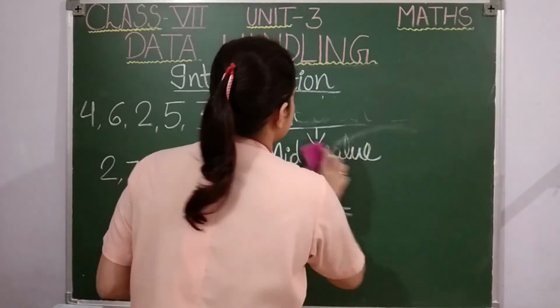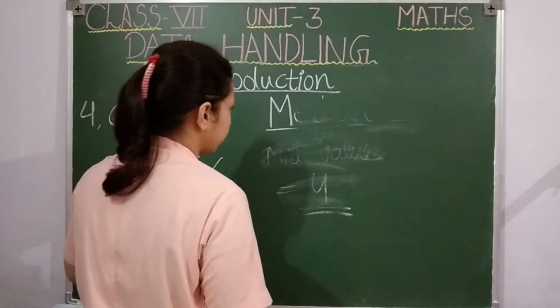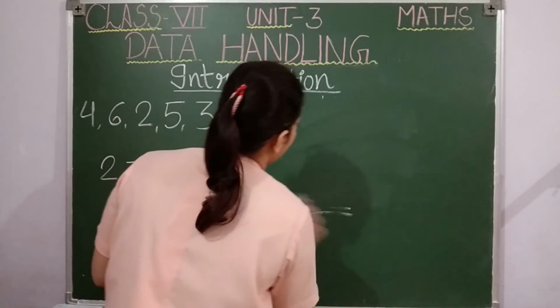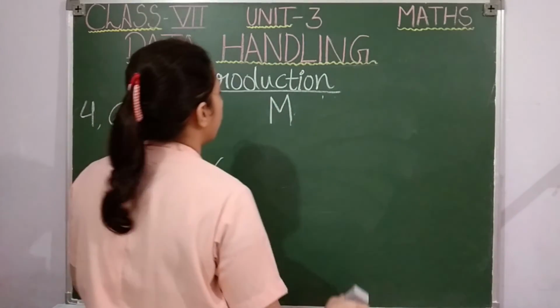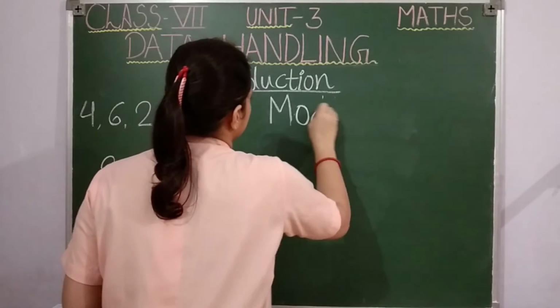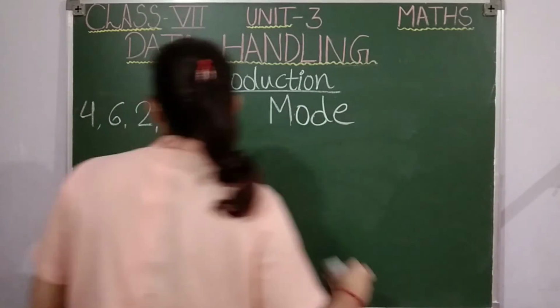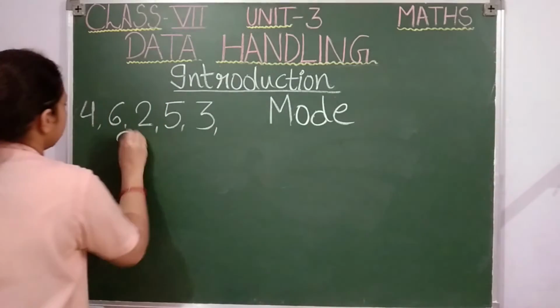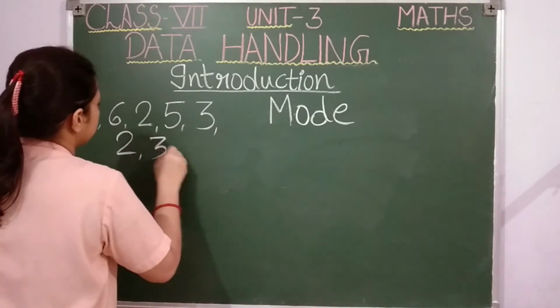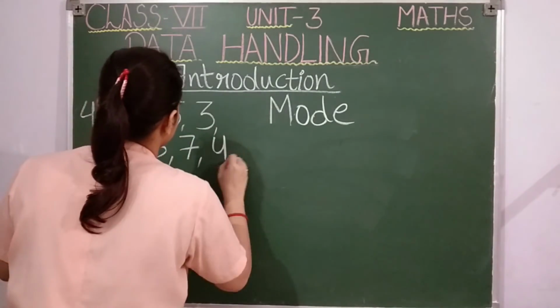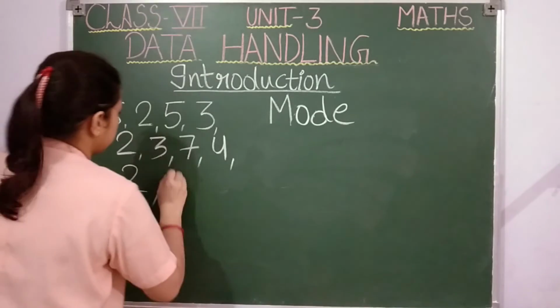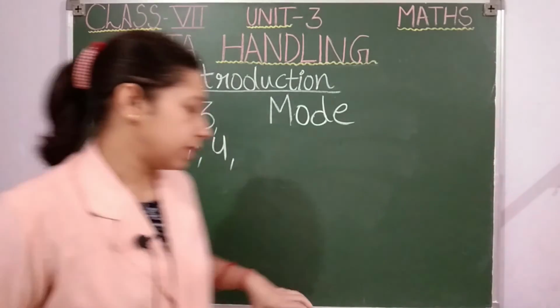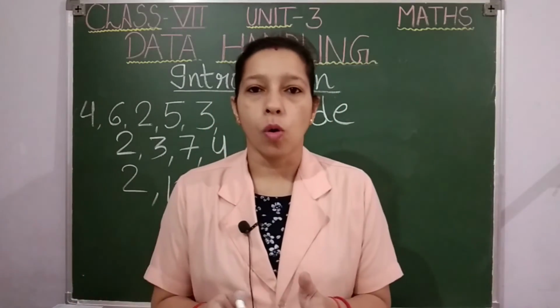Next topic is mode. The next topic that you are going to study is mode. For this, first let me change the example a little bit and then I'll explain. Okay, students, so our next topic is mode.